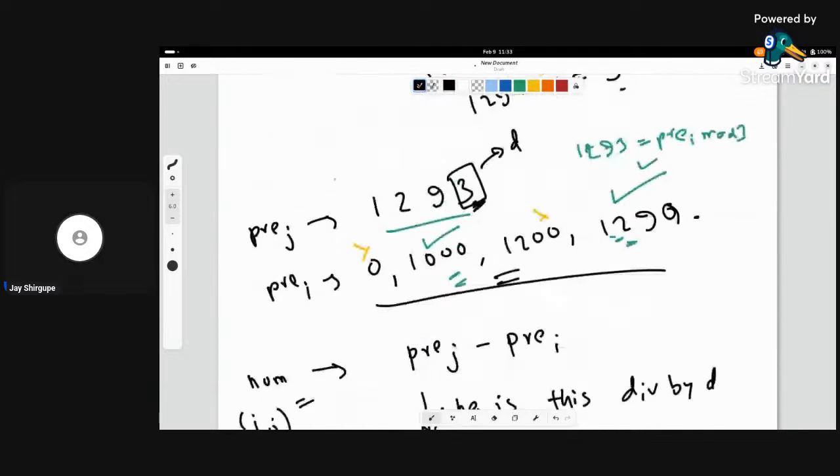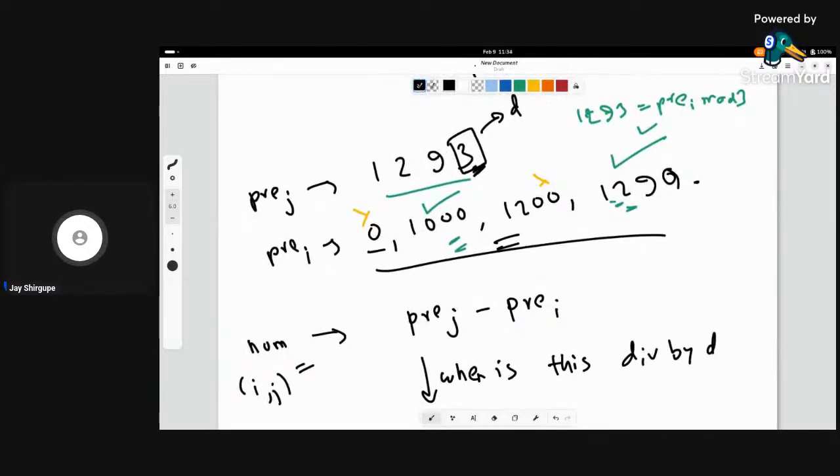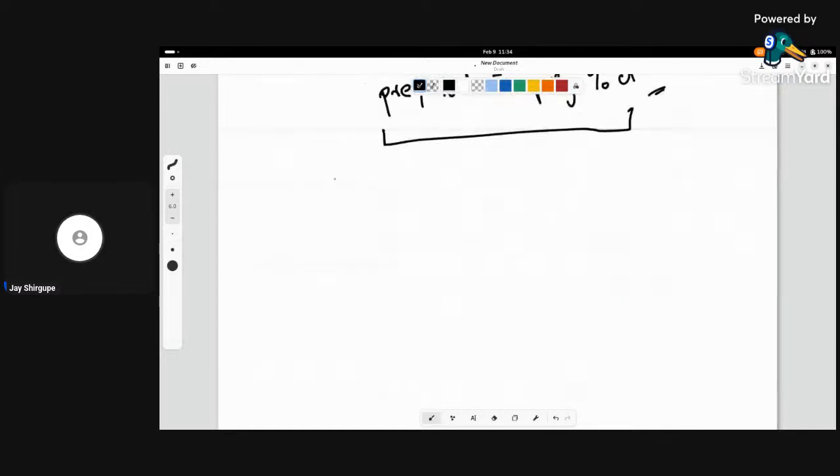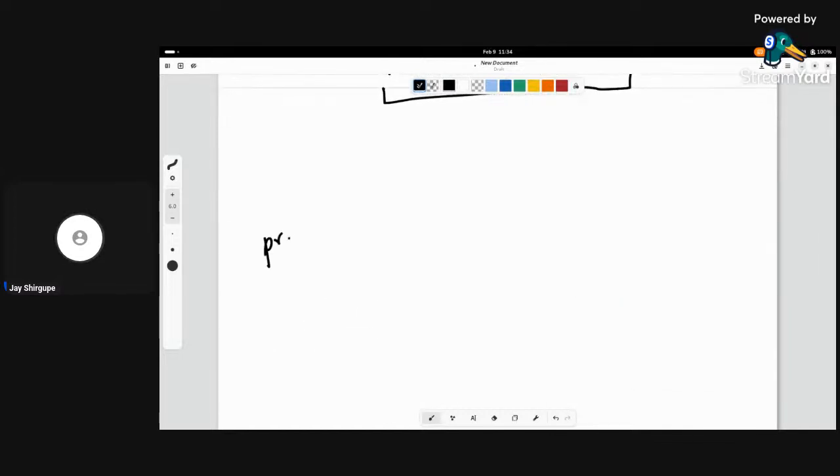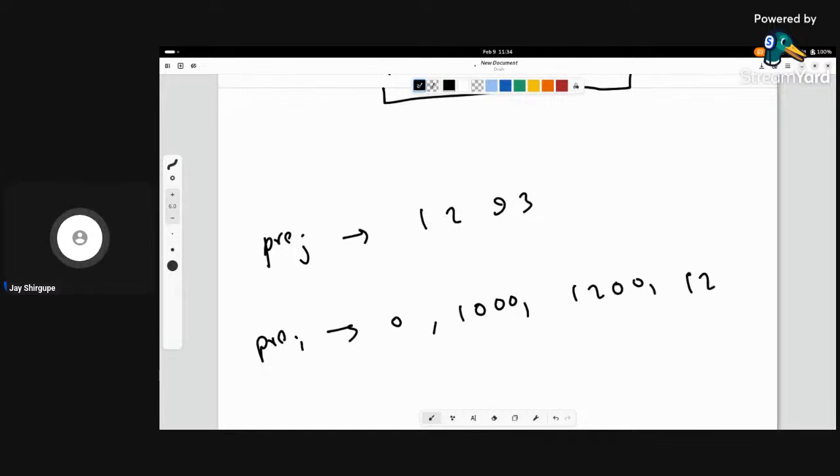Now to do that, rather than storing these prefixes like 0, 1000, 1200, 1290, we can just store their values modulo 3. So this is your prefix of j, that is 1293, and these are all your prefixes of i, the actual prefixes 0, 1, 1000, 1200, and 1290.